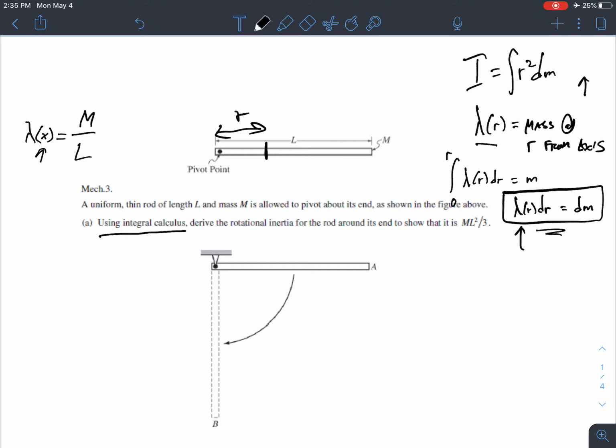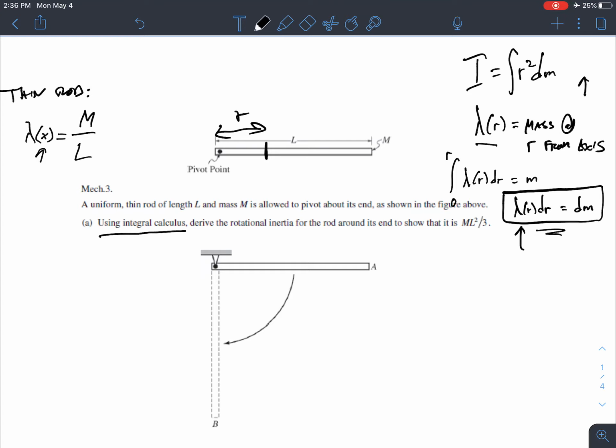So this is the simplest situation. This is the only situation where they're not going to give you that linear mass density. So maybe that's another thing you want to have in your notes at the ready for a thin rod. For a thin rod, the linear mass density is this. Okay, so let's try that and see how this works.